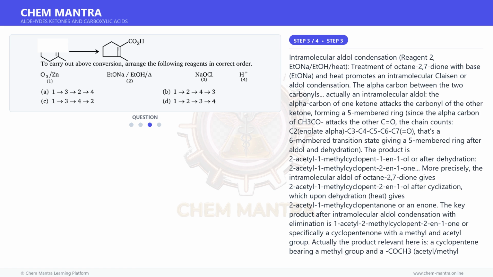The product is the cyclopentenol aldol adduct, which upon dehydration with heat gives an enone.